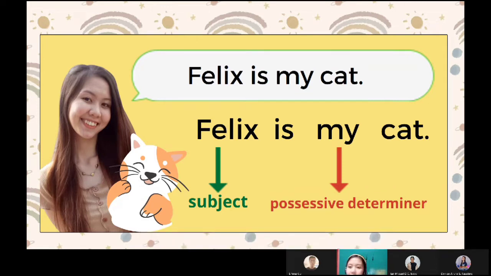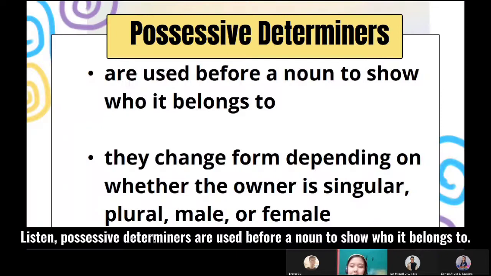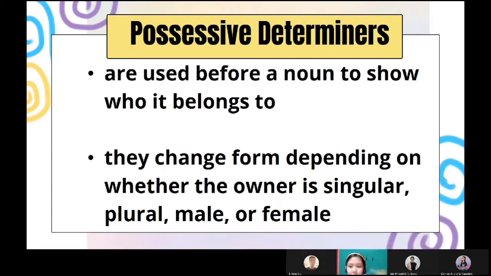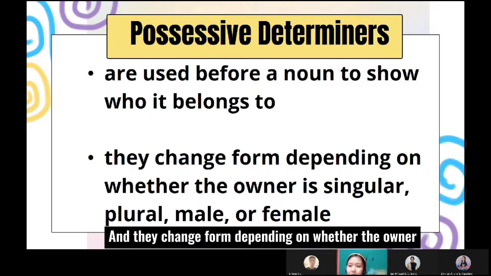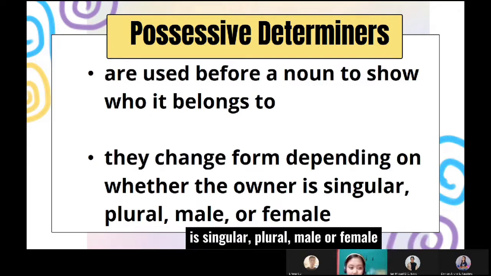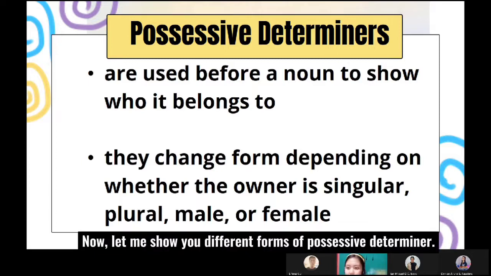Now, let's further elaborate. Listen. Possessive determiners are used before a noun to show who it belongs to, and they change form depending on whether the owner is singular, plural, male, or female. Now let me show you different forms of possessive determiners.